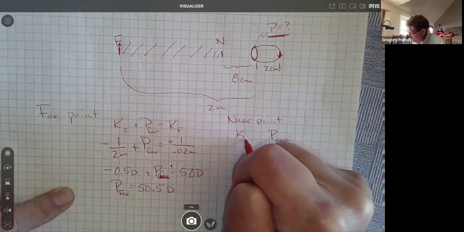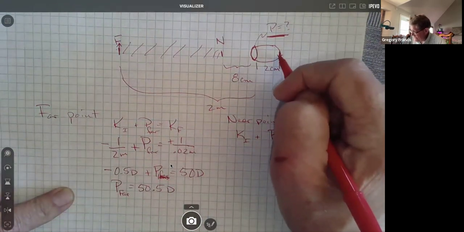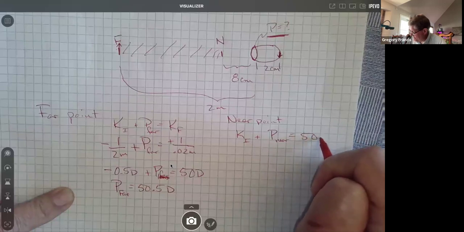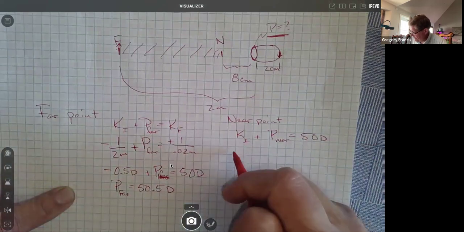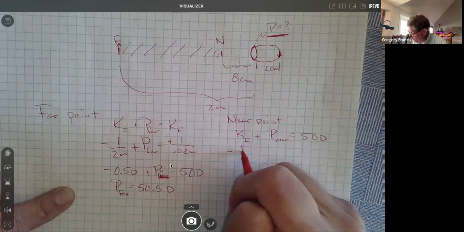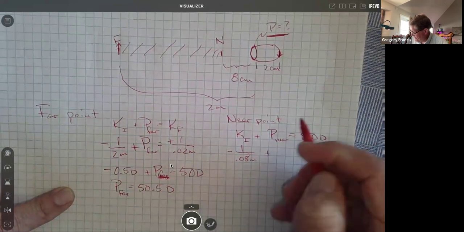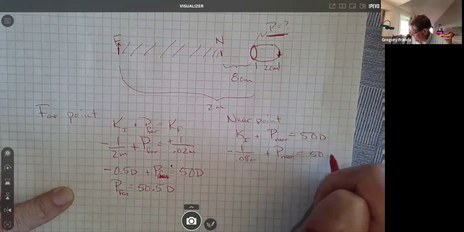my K initial plus my power near still has to focus it at 2 centimeters. So that's still going to be 50 diopters. Well, the K initial is going to be negative 1 over 0.08 meters plus P near is equal to 50 diopters.